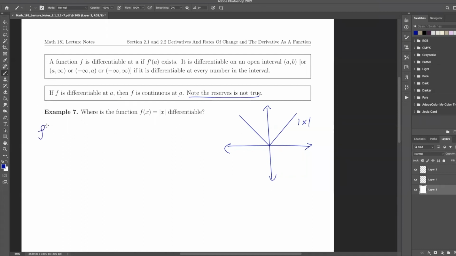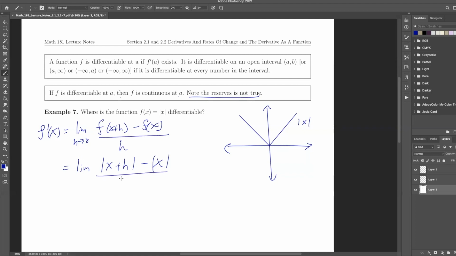We're going to take f prime of x equal to the limit as h approaches 0 of f of x plus h minus f of x, all over h. Here we're just going to plug that in. So I have the limit as h approaches 0 of the absolute value of x plus h minus the absolute value of x, all over h.